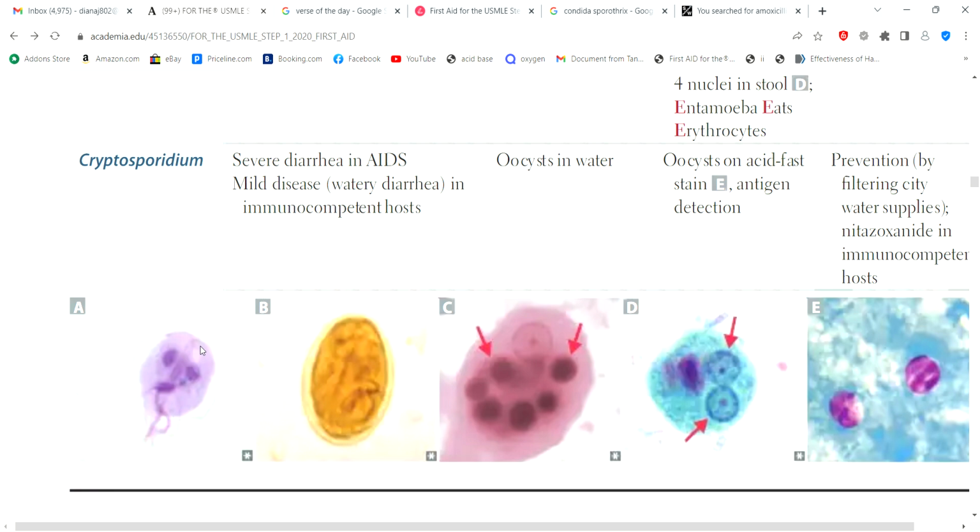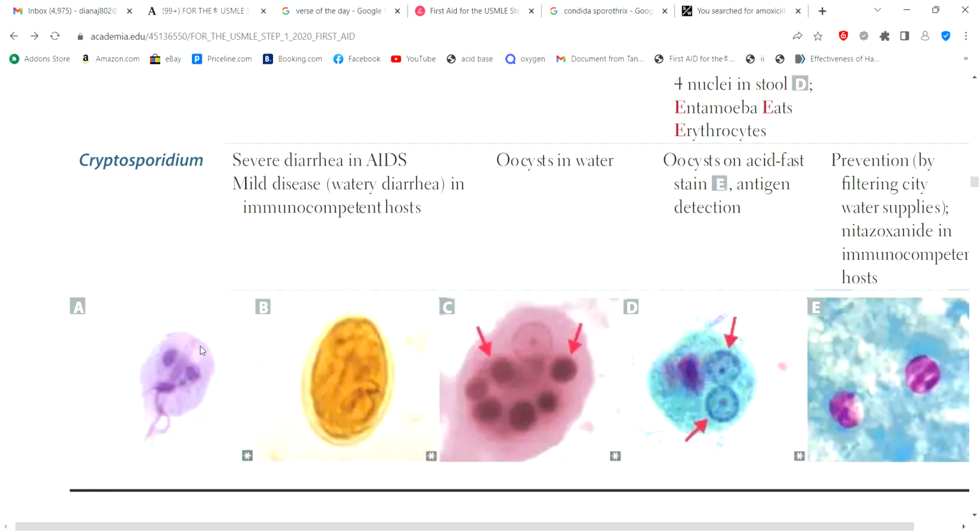So multinucleated trophozoites, which is one form of Giardia, or cysts. You see the cysts in the patient's stool, so you see baby worms in the patient's stool.